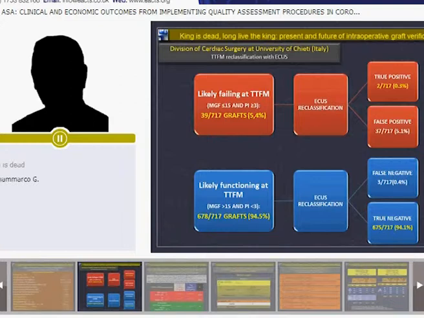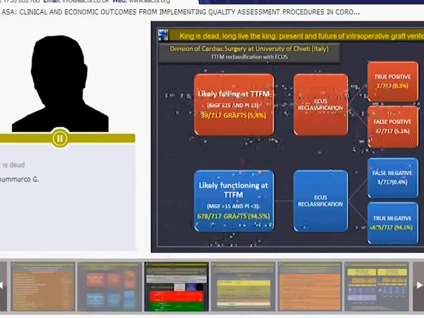On the other hand, on the side of the false negatives, we found that out of 678, we found 675 true negatives. So saving 3 grafts about the true negatives, because in these cases, one side of the anastomosis was occluded, and a flow measurement alone was not able to detect the failure.